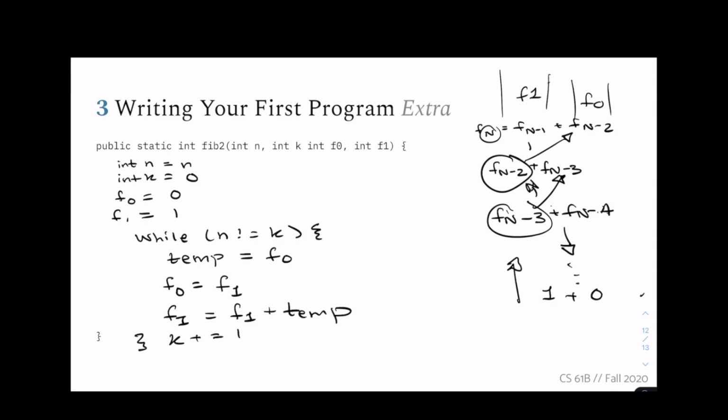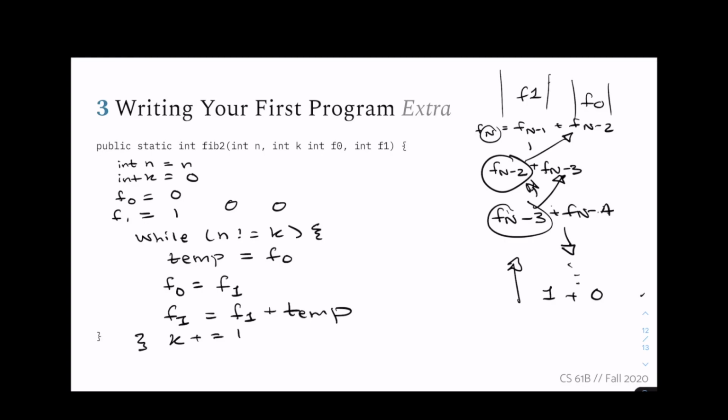We exit out. But what do we return? Do we return f1 or f0? Well, on the kth iteration, which one is correct? Well, let's try some simple base cases, right? So if we're looking for the 0th Fibonacci number, which is 0, then n is equal to 0, k is equal to 0.